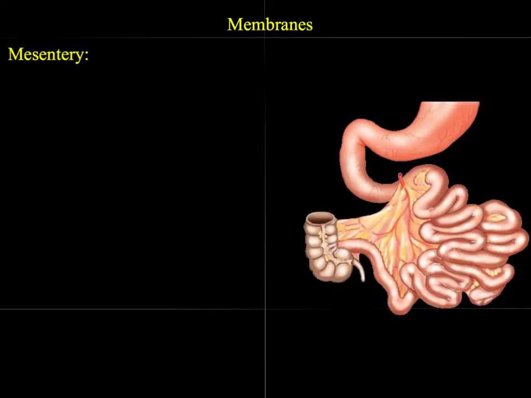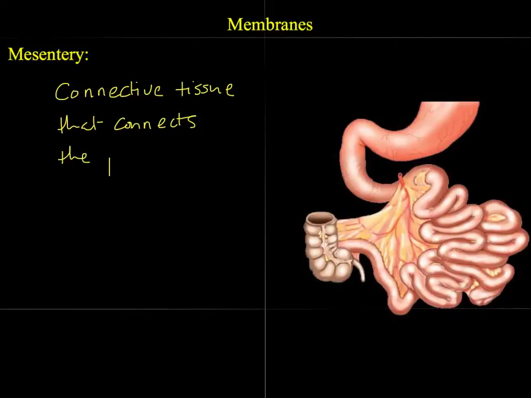Another membrane in the digestive system that connects the different parts of the small intestines to one another is called the mesentery. And the mesentery is connective tissue that connects the parts of the small intestines to one another.